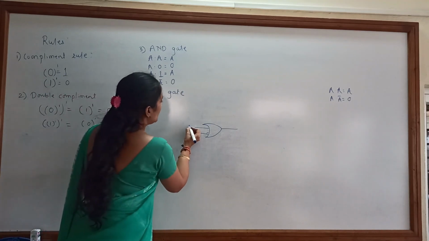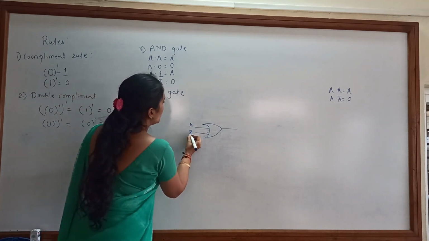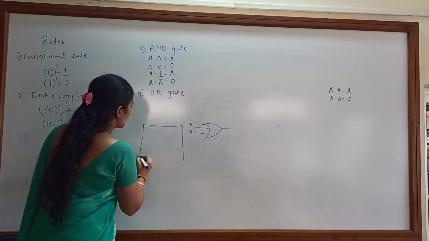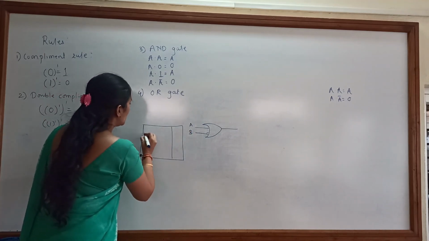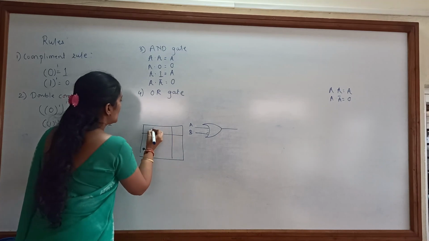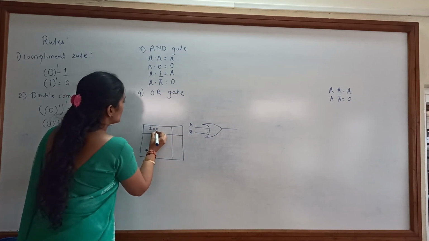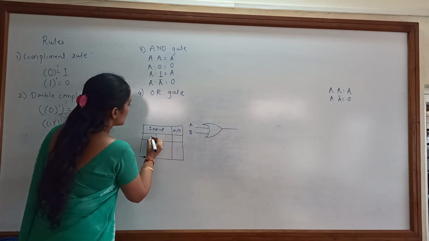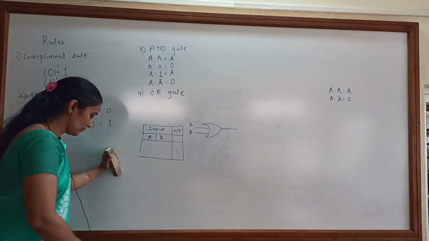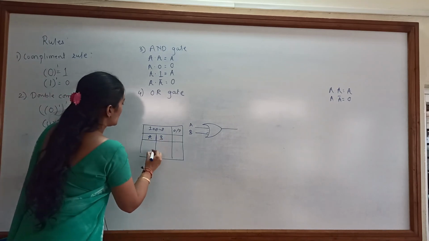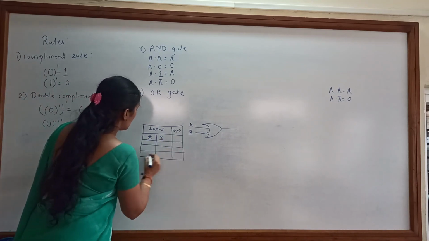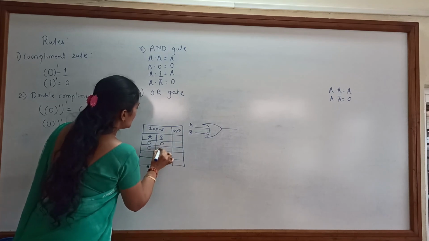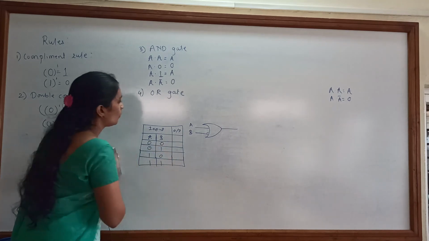Now, for time being, we will take 2 inputs. I will draw here truth table. Truth table is table with one output and number of inputs. This is input, this is output. How many inputs are there? 2, A and B. How many possibilities are there? 4. 0 0, 0 1, 1 0, 1 1.